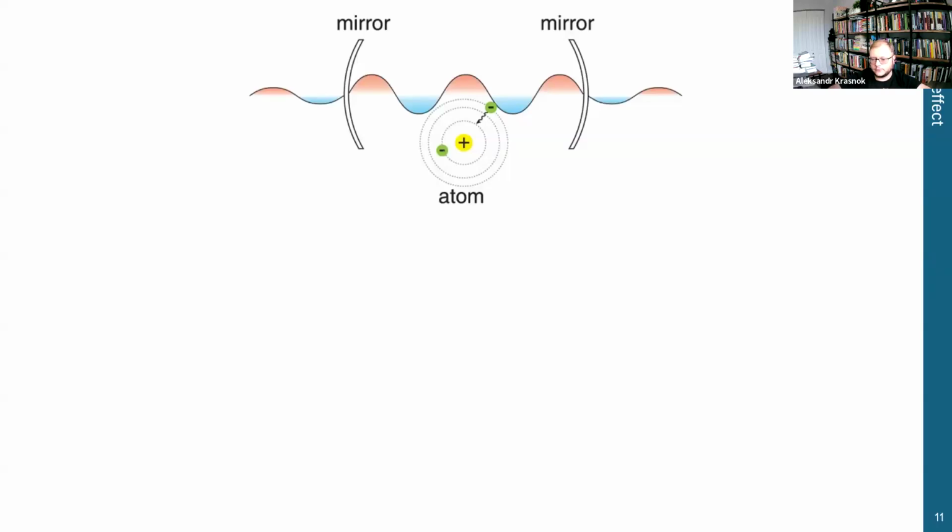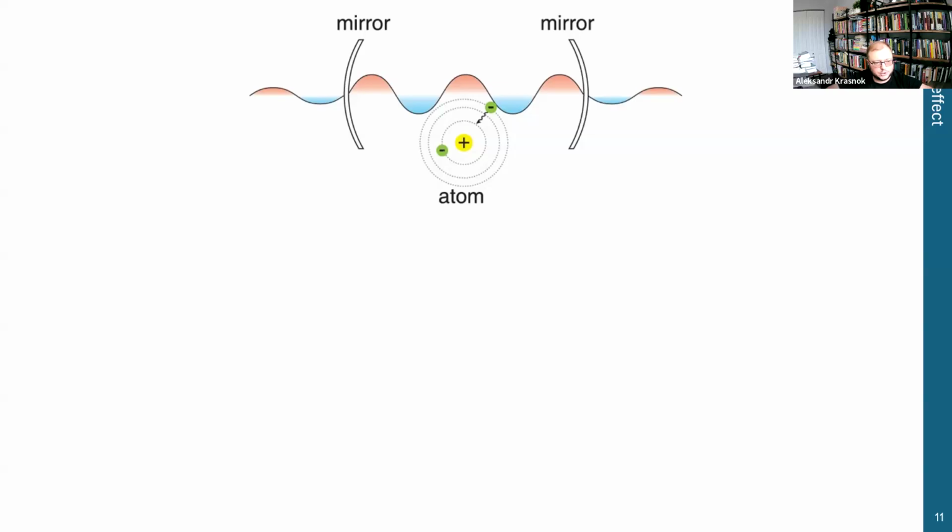The Purcell effect consists in boosting light emission or electromagnetic emission from a source coupled to a resonator. If you want to make our light source brighter, we can couple it to a resonator.